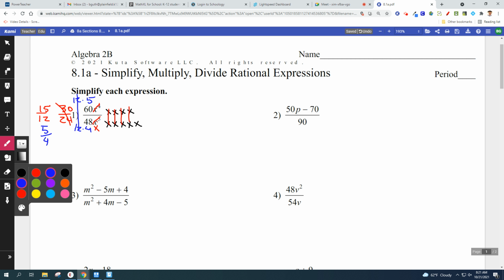If you can say, well, I can divide both those numbers by 12, you get a 5 and you get a 4. Now, I've written a lot. You won't need to write all that if you really know what you're doing. But what you do have to pay attention to is the answer. There's a 5 on the top of that fraction, and there's a 4 and an x on the bottom of that fraction. When it says simplify, in this case, it's talking about reducing the expression.